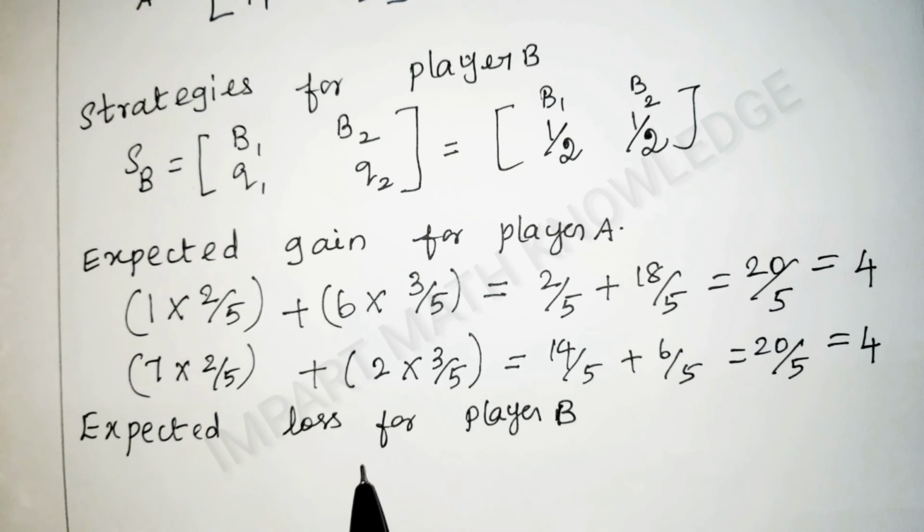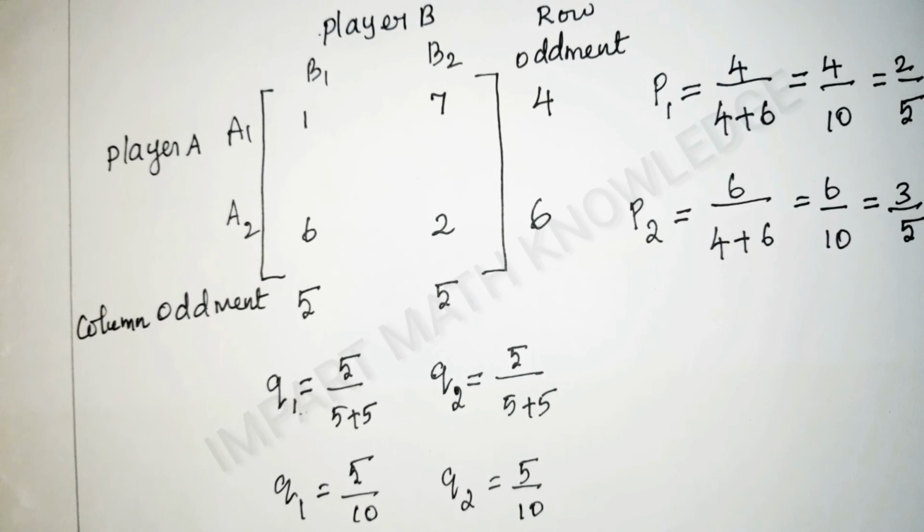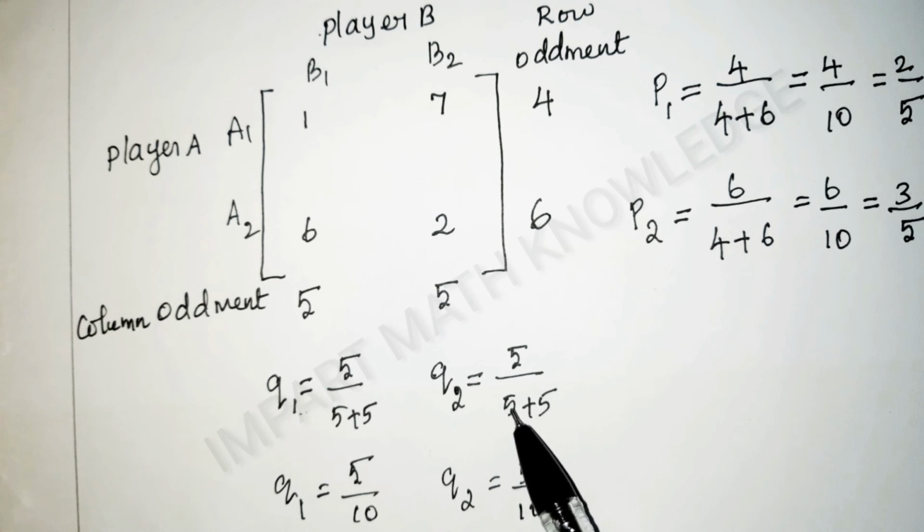Now the expected loss for player B. For finding the loss, you have to multiply the row values with the corresponding probabilities.